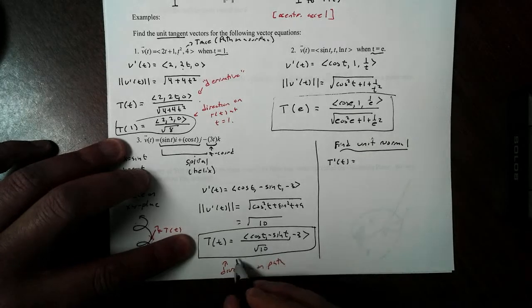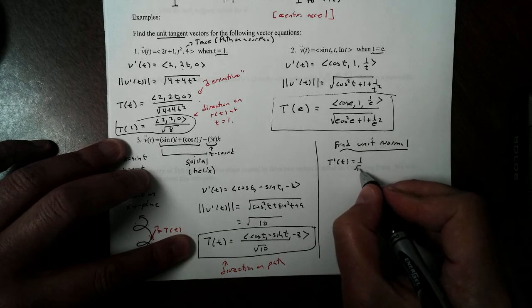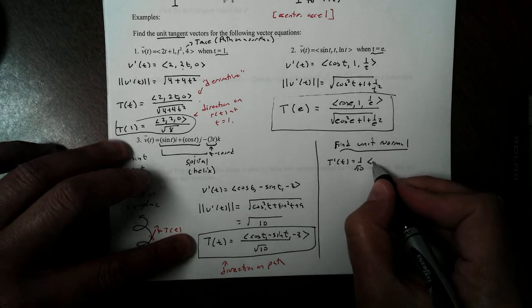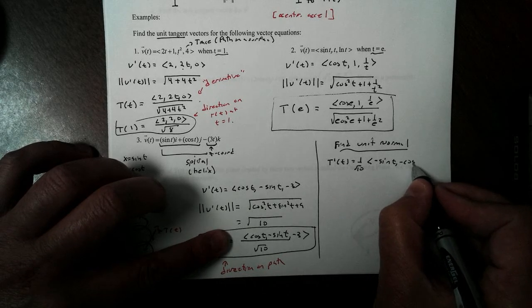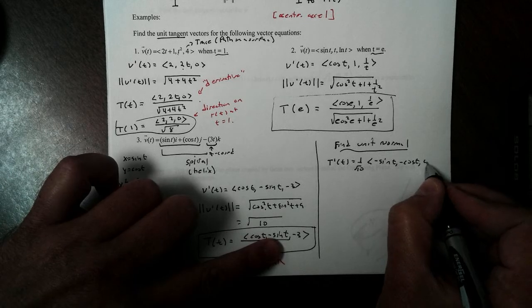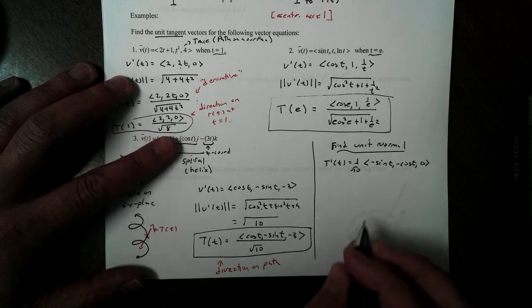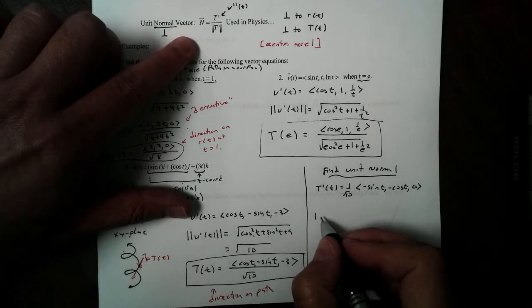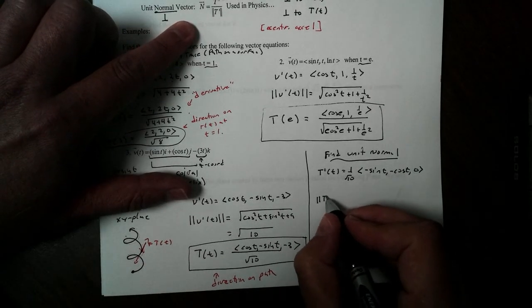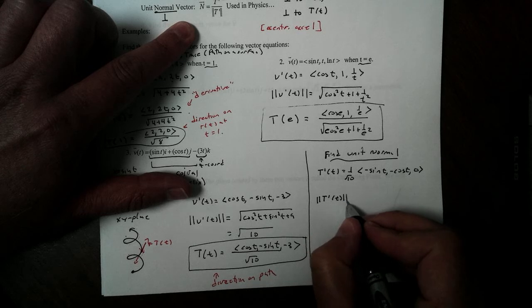Now, the square root of 10 is a constant, so I can factor that 1 over root 10 out. And on the inside, we're going to get negative sine of t, negative cosine of t, 0. To get the magnitude, we have to divide by the magnitude. This is a little bit trickier.